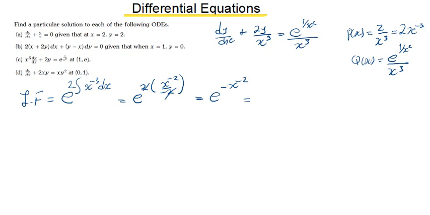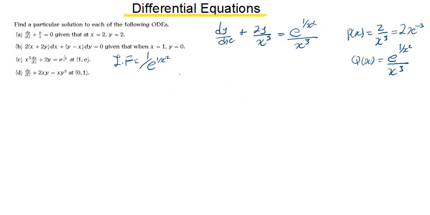This can be written as e to the power negative 1 over x squared, hence being finalized as 1 over e to the power 1 over x squared as our integrating factor. So our integrating factor we have found is 1 over e to the power 1 over x squared.